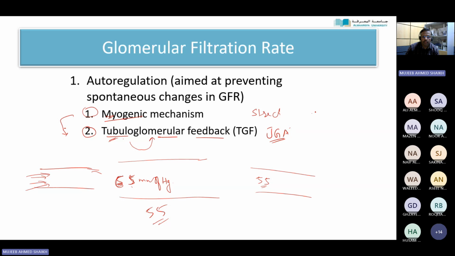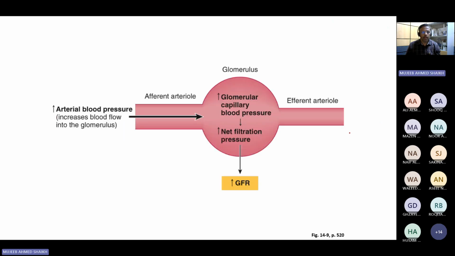That is, between the DCT and the glomerulus, this ball-like structure. This communication is known as the tubuloglomerular feedback mechanism. I will show you. First is the myogenic mechanism. This is myogenic.